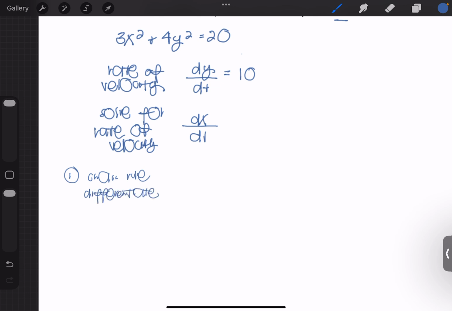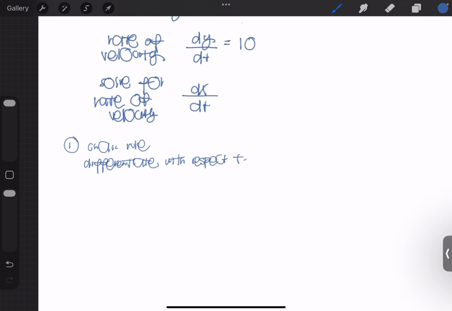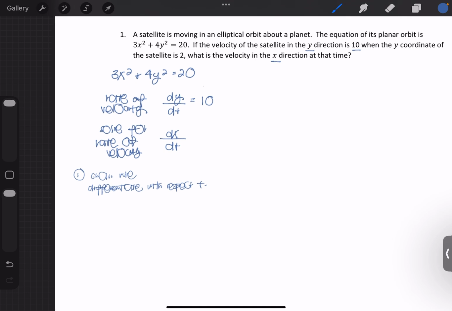We are going to differentiate with respect to t. So we have 3x squared plus 4y squared equal to 20.